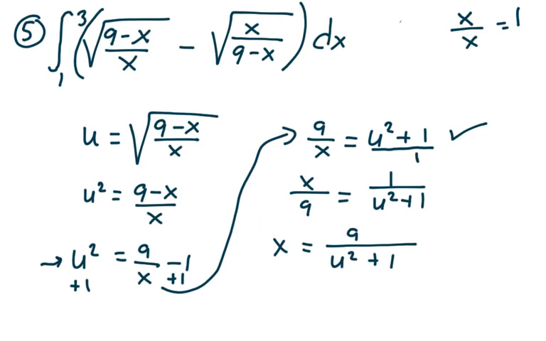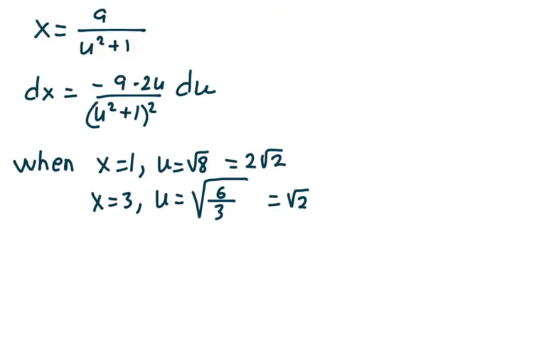So x over 9 is 1 over u squared plus 1. Solve for x, and x equals 9 over u squared plus 1. That's what I have here. So by the chain rule, dx is negative 9 over u squared plus 1 to the second times 2u du.